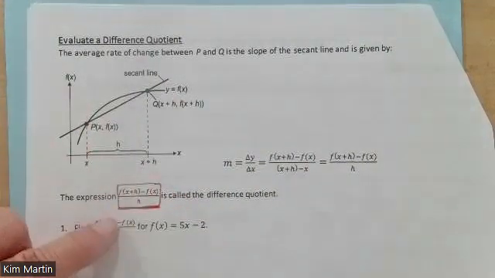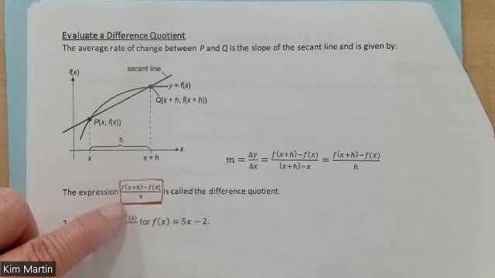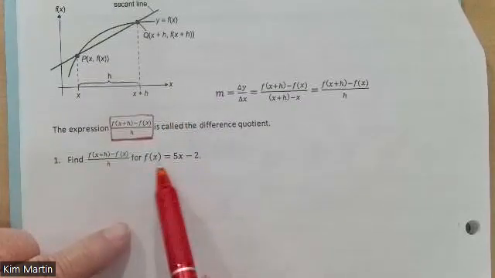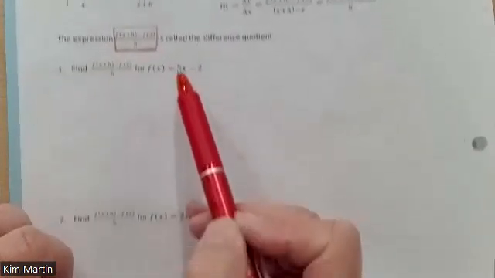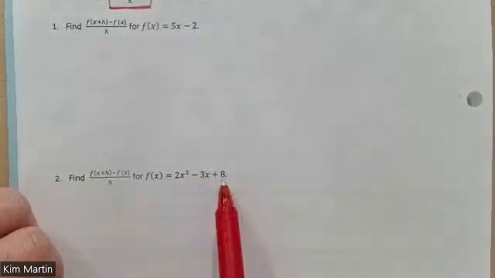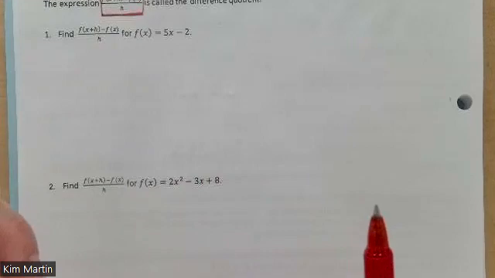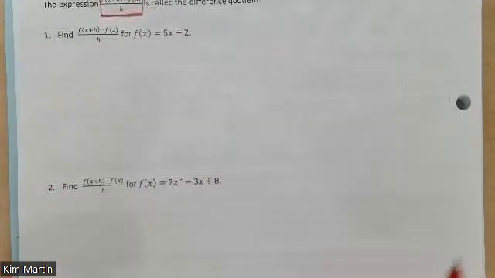The two things that will be given to you are this in the directions, and a function. So look right here. In this problem, the function is this. In the second problem, the function is this.